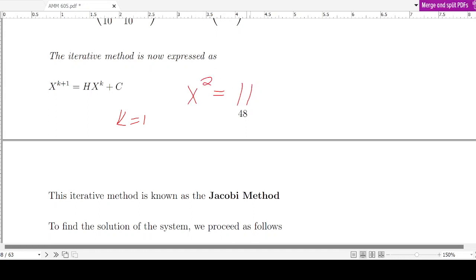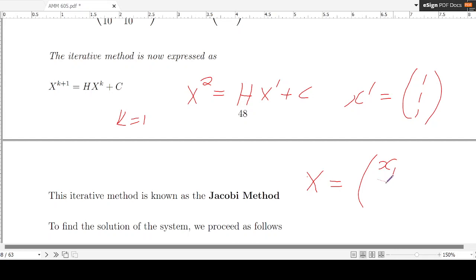Then we have Hx^(1) plus c. But now x^(1) here is equal to 1, 1, 1. Now we are using the superscript here, because we have also written that x equals x1, x2, x3. So we shall avoid putting the subscript here to avoid confusion with this other x1.